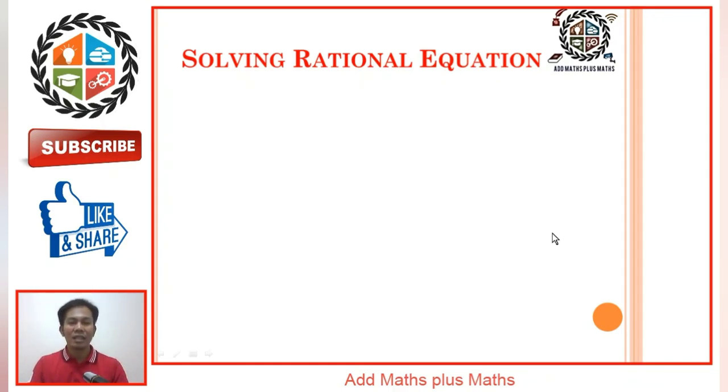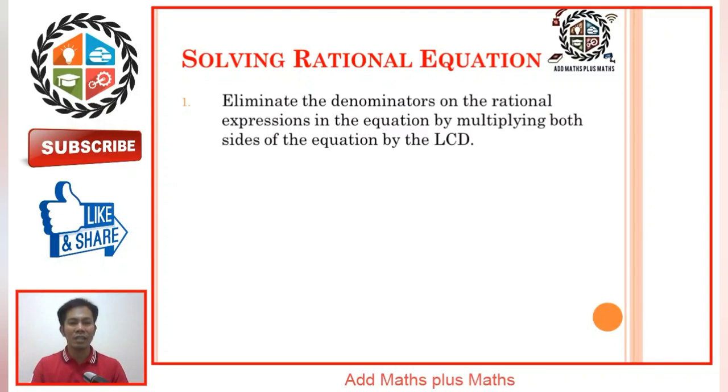The next objective is solve rational equation. So, paano po mag-solve ng rational equation? First is, eliminate the denominators on the rational expressions in the equation by multiplying both sides of the equation by the LCD. Okay? Ano po yung ibig sabihin ng LCD ulit?